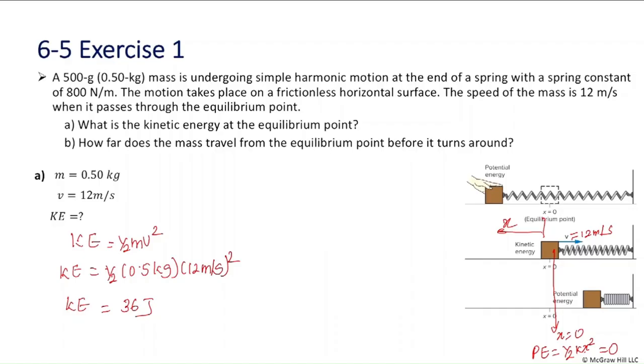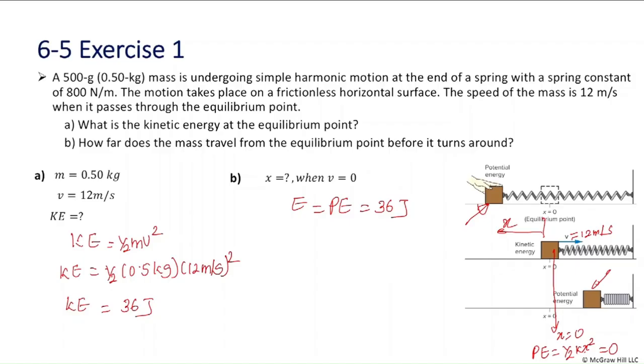Now when the mass turns around at maximum displacement, all of its kinetic energy is stored as elastic potential energy in the spring at these points. Therefore, total mechanical energy is now just the potential energy, which is equal to the kinetic energy, which is 36 joules according to the conservation of energy.